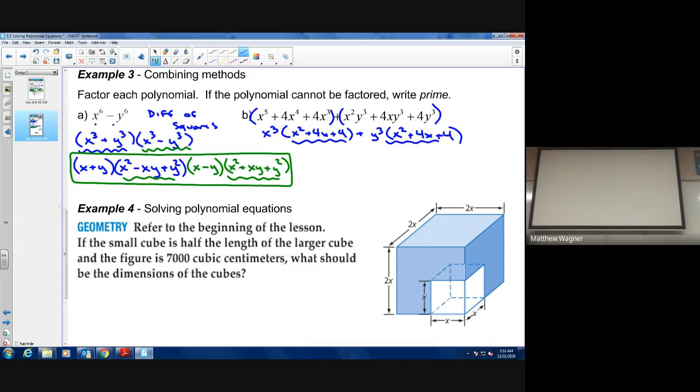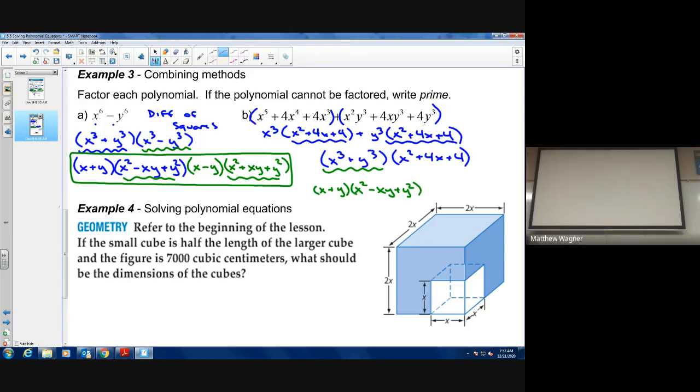Hey, man, it's like we planned it. It's unbelievable. We wind up with x cubed plus y cubed, and then we have x squared plus 4x plus 4. And then we actually can factor again. You want to keep going until we can't factor anymore. So the sum of cubes becomes x plus y times x squared minus xy plus y squared.